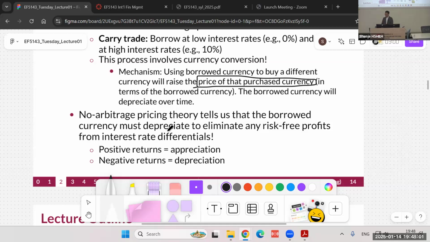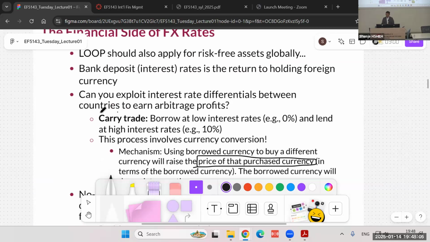The opportunity to make something from nothing. So the carry trade, okay, I forgot to mention the name. The strategy that I outlined here, where you borrow at low interest rates and lend at high interest rates, has a name. It's called carry trade. If you implement a carry trade, that opportunity window will close very quickly because once you decide to take advantage of it, exchange rates will change to close the window, right?